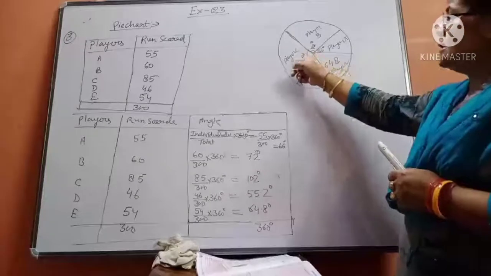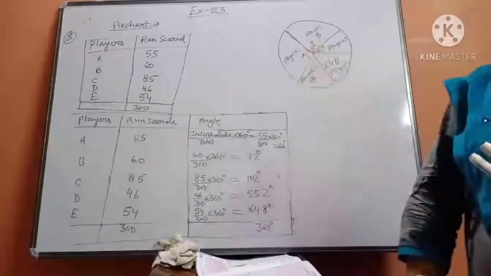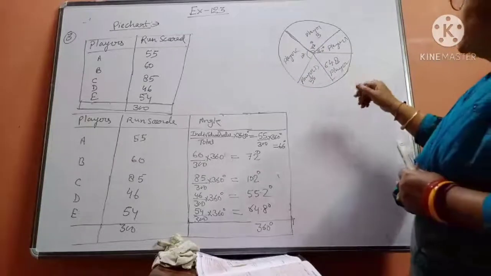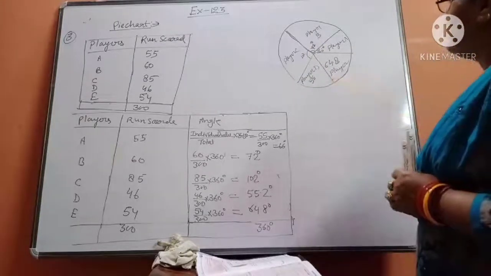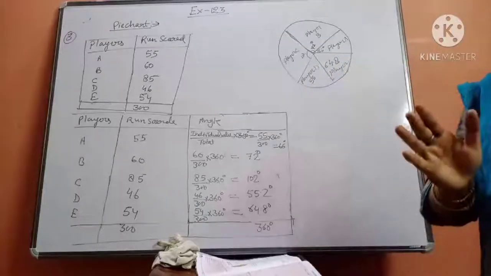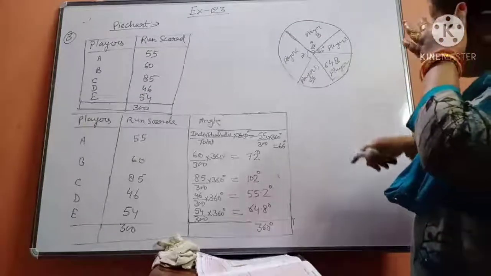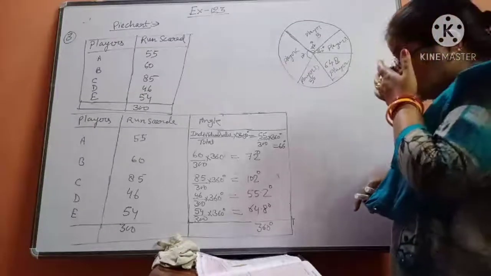Player C is the best player because he is covering most of the area of the circle. And who is the least performing player? You can see that player D is the least performing here because he is covering very little part of the circle. So a pie chart is used to get this kind of information.